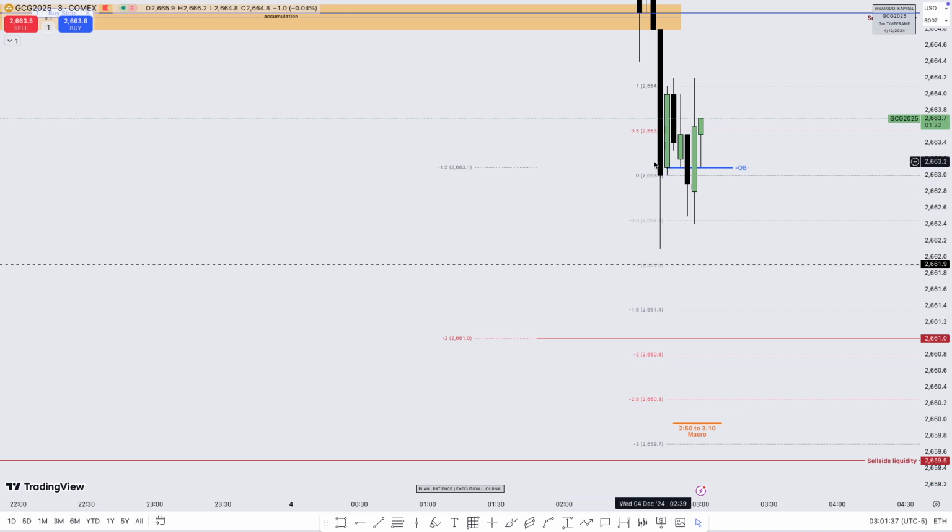I'm looking at how it's using the open of this candle as a support right there. Still struggling to close below it.